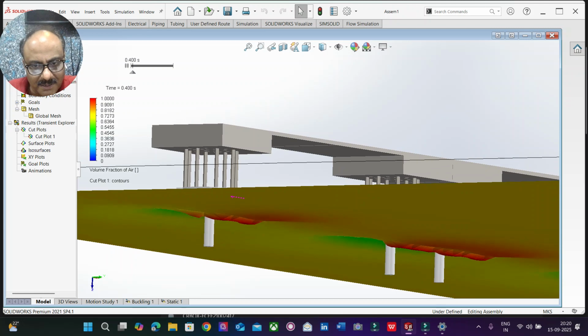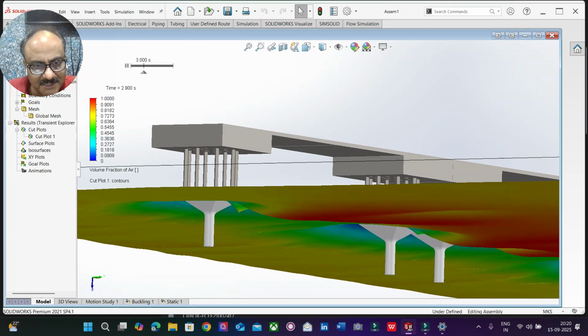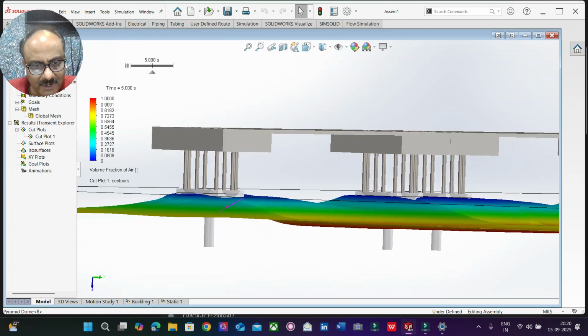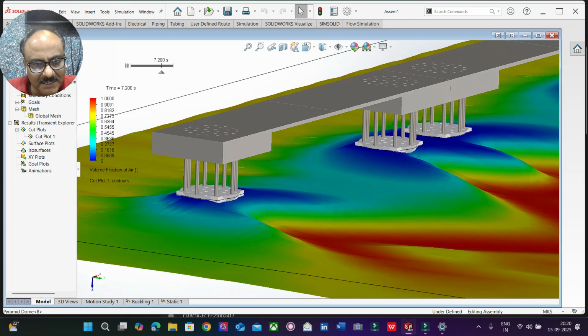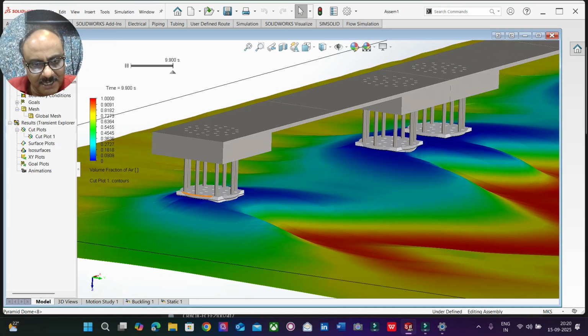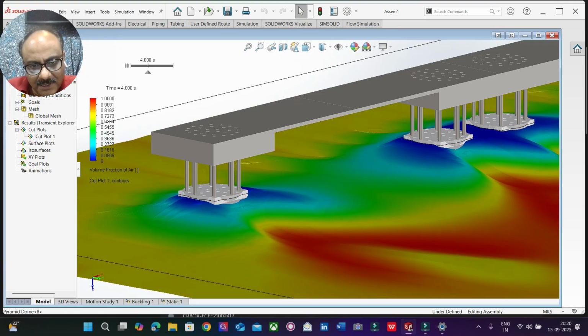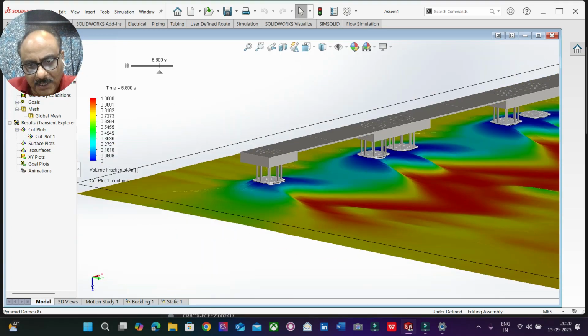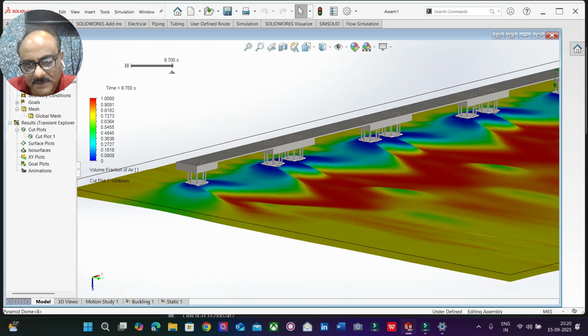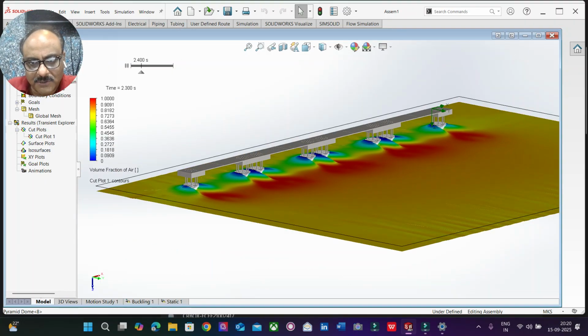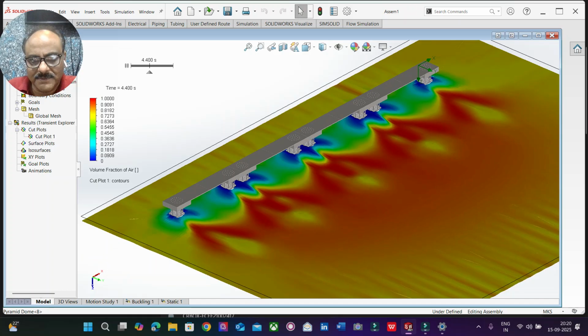This is the pier, and you are able to find that there is going to be a suction here, I mean, a kind of vortex. It is going to hit the particular pier wall, it is going to lift, and it is going to create a swirl, and this is how the flow is going to take place.